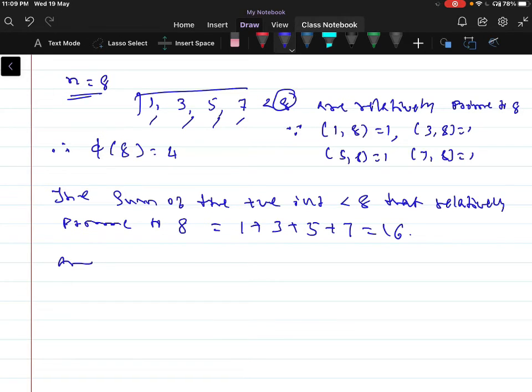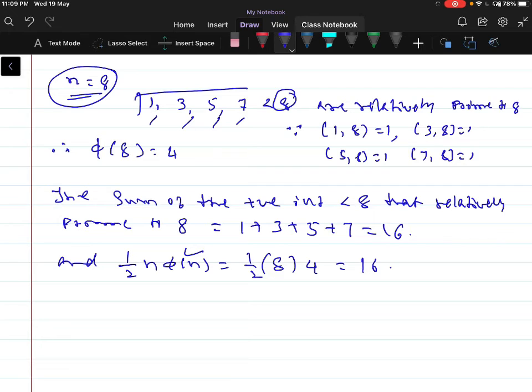And 1 by 2 into n into phi(n), so that is equal to 1 by 2 into, where n is 8, into phi(n) we calculated, that is 4, so 16. So result is verified.